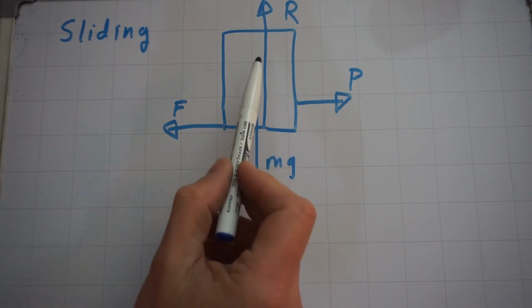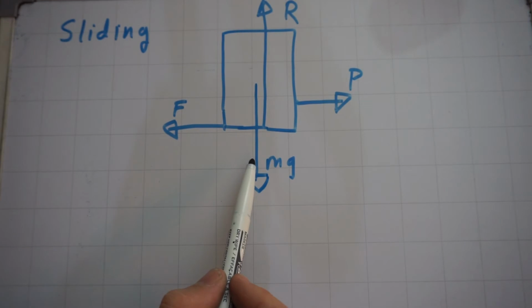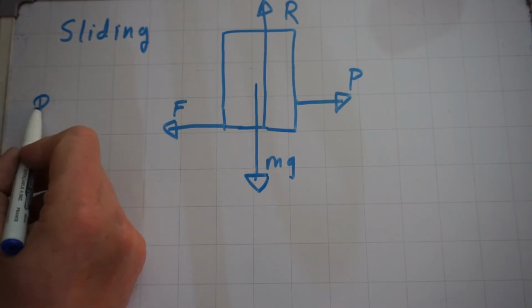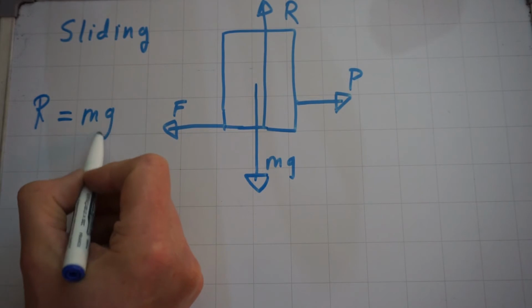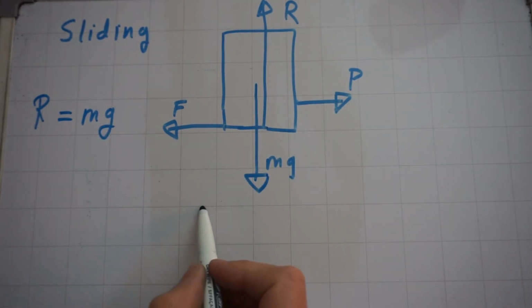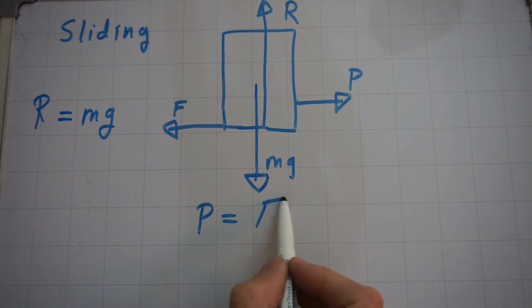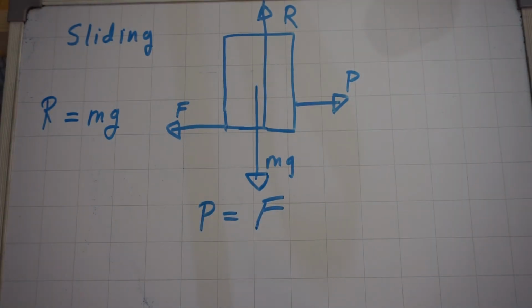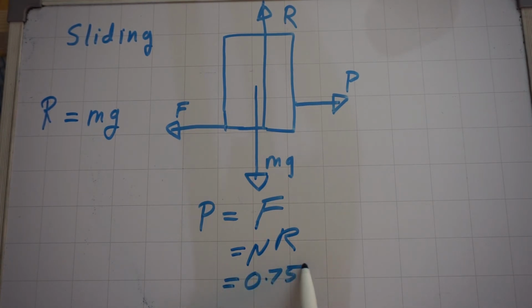In this situation, the reaction force and the weight balance, so R will be equal to mg, and the applied force P and the friction will balance, so P will be equal to F. As the rubber is on the point of sliding, F will take its maximum value of mu R, but R is equal to mg, and mu we know is 0.75, so that will give us 0.75 mg.